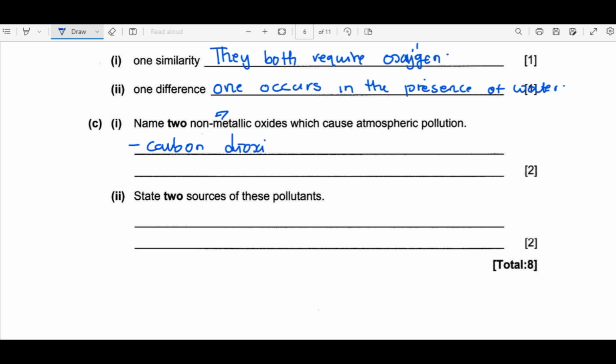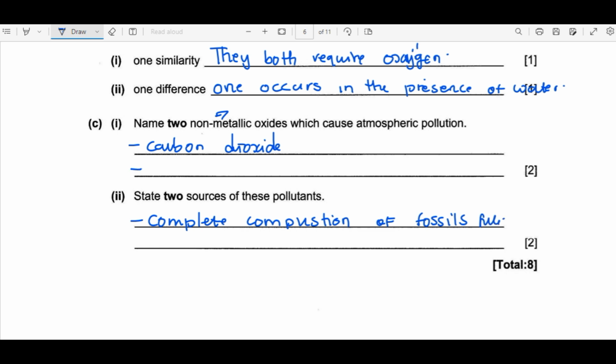It causes atmospheric pollution. Then state two sources of these pollutants. So the carbon dioxide can be produced by complete combustion of fossil fuels.